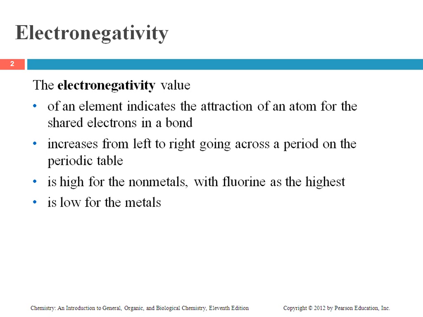It sounds like a long word, but basically it is the tendency for an atom to attract electrons to itself in a shared bond. So in a covalent bond, as we've hopefully seen in the video on covalent compounds, if we have something simple like H2, they're sharing these electrons in a covalent bond, and it's the tendency for one atom to attract the electrons, to pull harder.